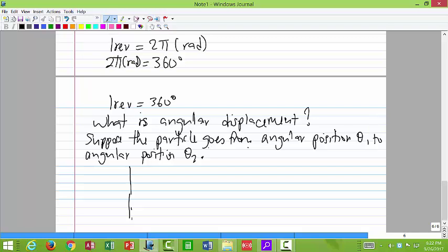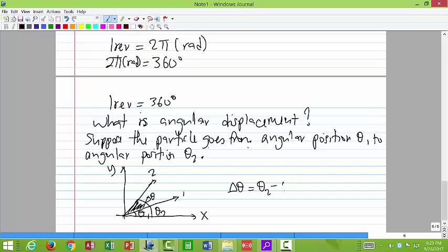Let me draw it down here. So this is again x, and that's y. And we can think of position 1, position 2, and so this is theta 1, and this whole thing is theta 2. And so this space here is delta theta, where delta theta is equal to theta 2 minus theta 1. And this is our angular displacement. So the object goes from one angular position to the other.